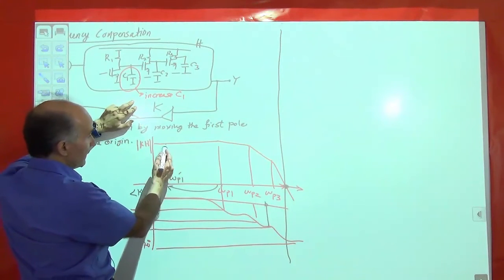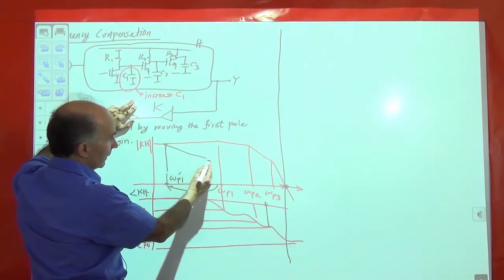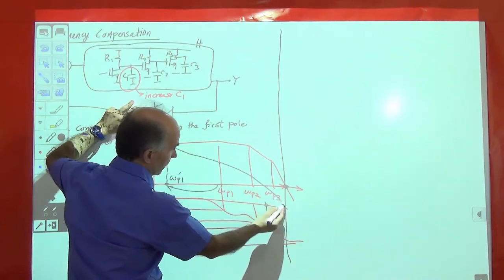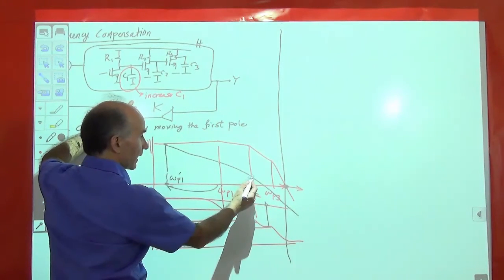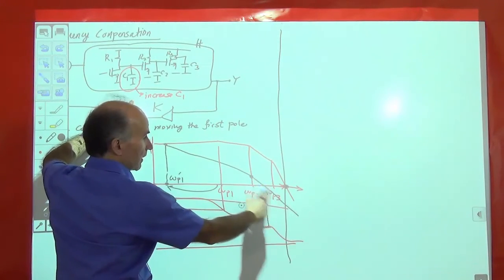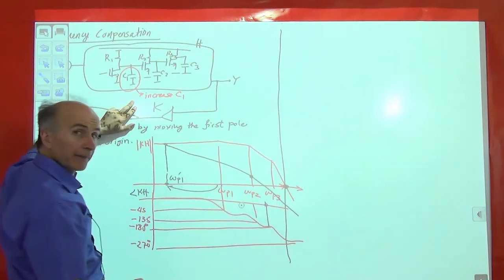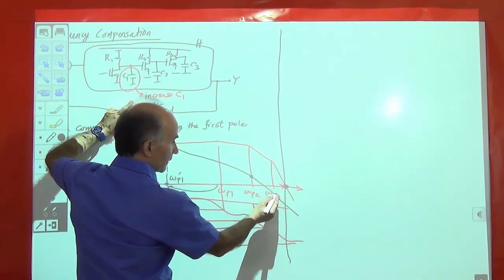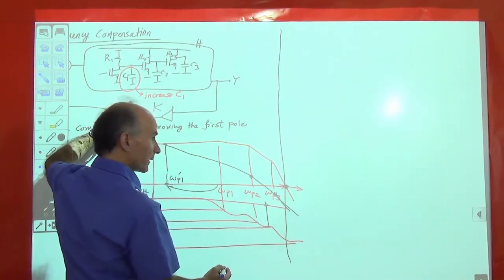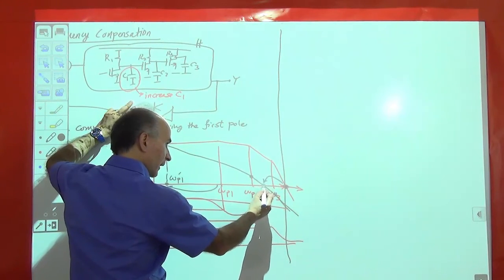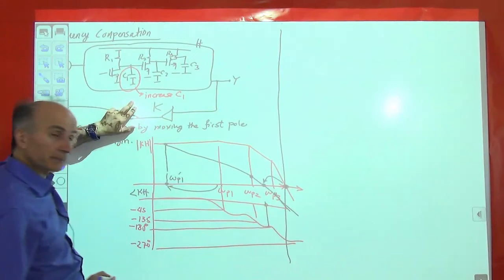And then what we saw is that now we begin to drop at this pole frequency. So we go like this, we reach the second pole, we go like this, and so on. And this part doesn't change because the slope is the same, and this slope is the same as this, and the third pole is here. So the key point is that we managed to move this gain crossover frequency to here.